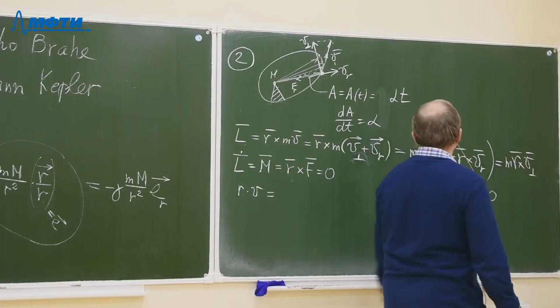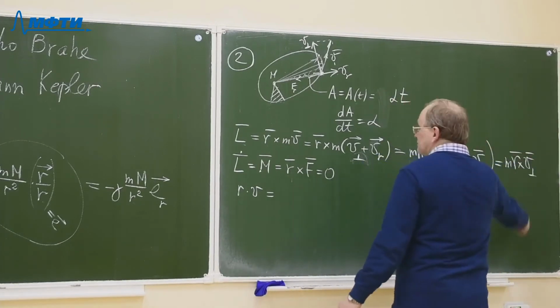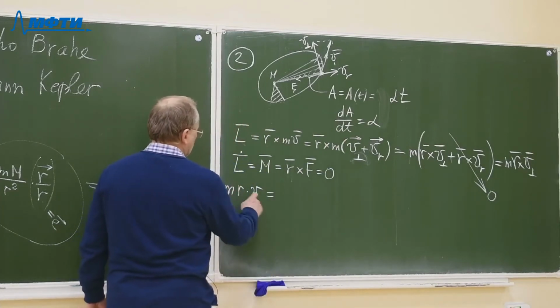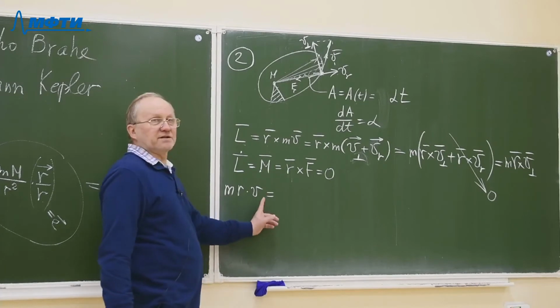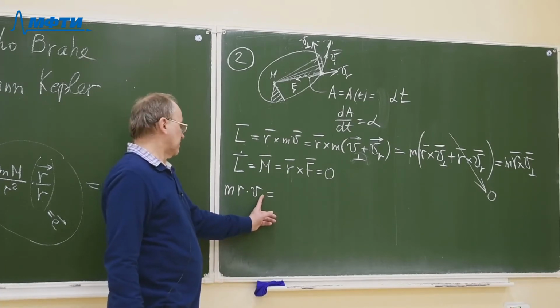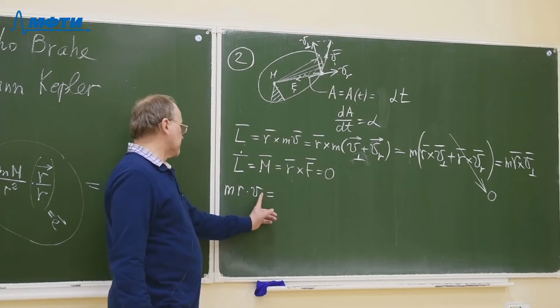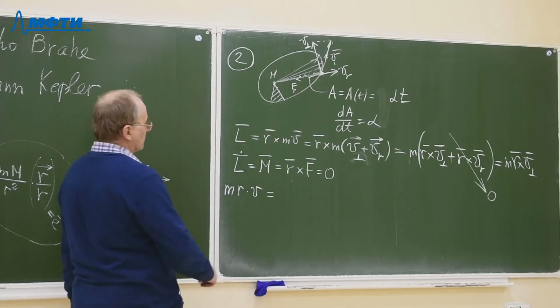So if we want to consider the magnitude of this vector, the magnitude will be m r v, and no sine, because sine alpha is unity, since alpha is the right angle here, 90 degrees. So I consider the magnitude of this vector.